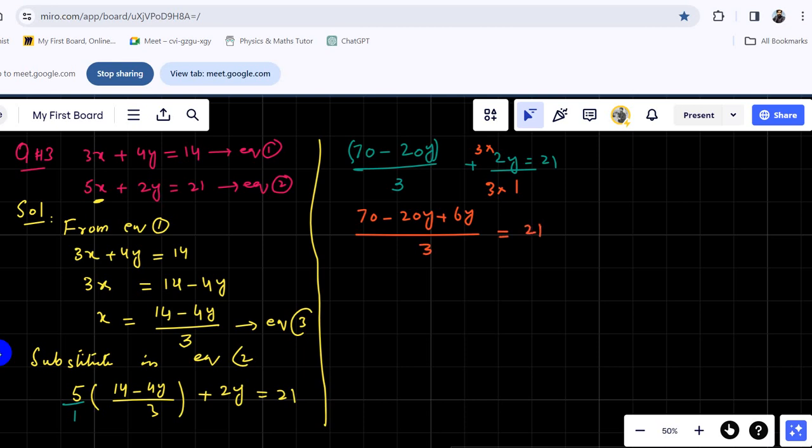Now you can multiply this 3 on the right side. It's 63, and what will be here? 70 minus 14y. Excellent. No, you multiplied this 3. Yeah, it's fine.